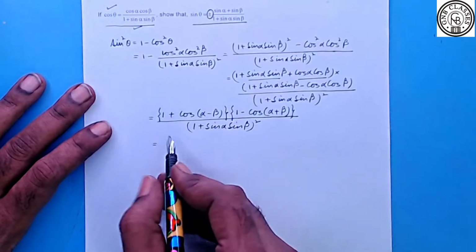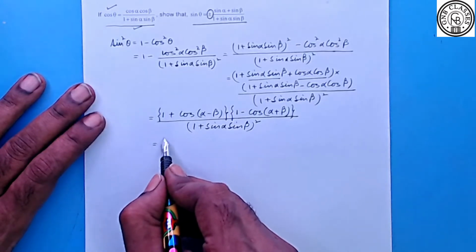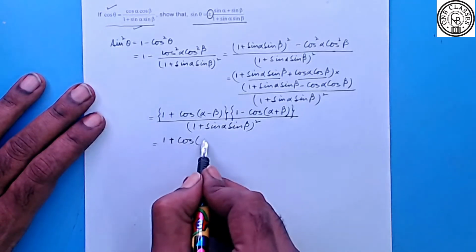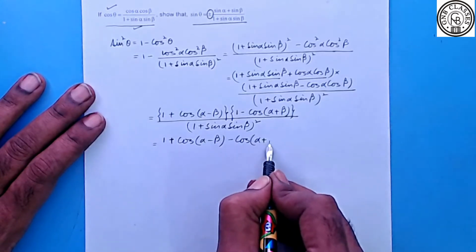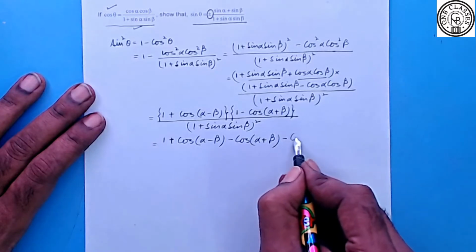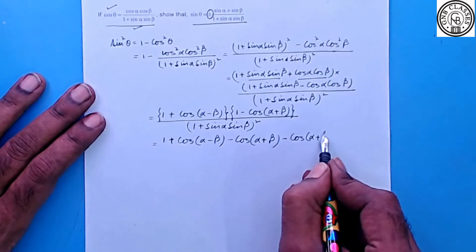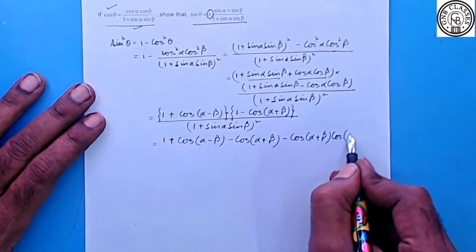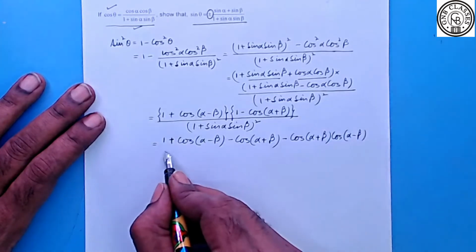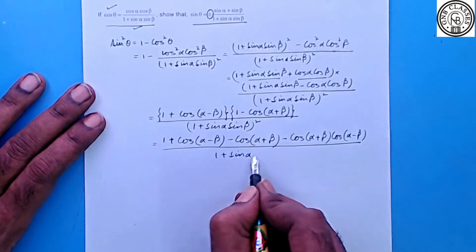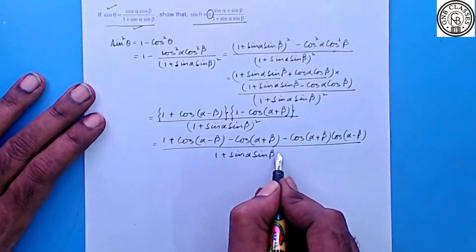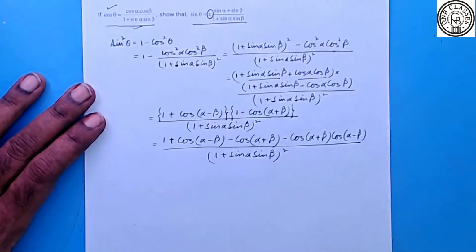So let me just open the brackets. So we are having 1 plus cos(alpha minus beta) minus cos(alpha plus beta) minus cos(alpha plus beta) cos(alpha minus beta), divided by (1 plus sin alpha sin beta) whole square. Is it clear?